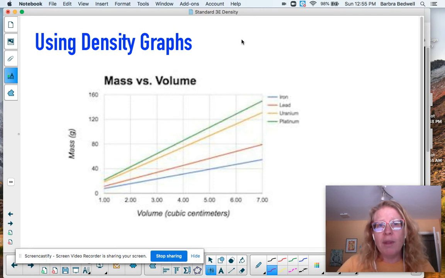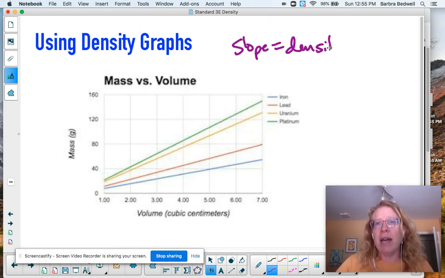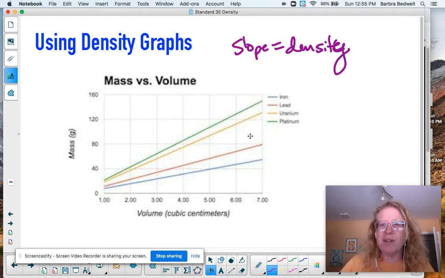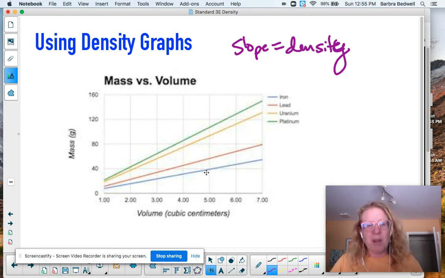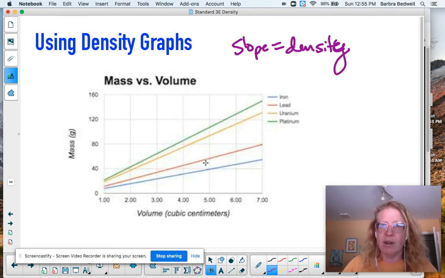And if we know that slope equals density, we can take a look at several different metals, like iron, lead, uranium, and platinum, if we did density lines for each one. Because density is relatively unique, the slope of each line is unique, and we can clearly tell which one has the most density, the highest slope, versus the least density or the lowest slope.